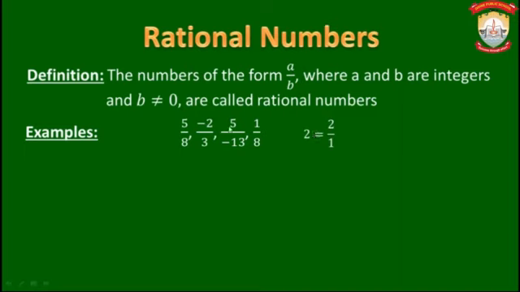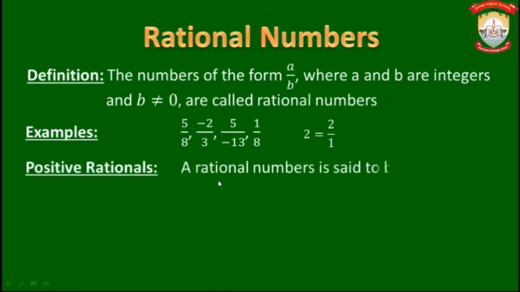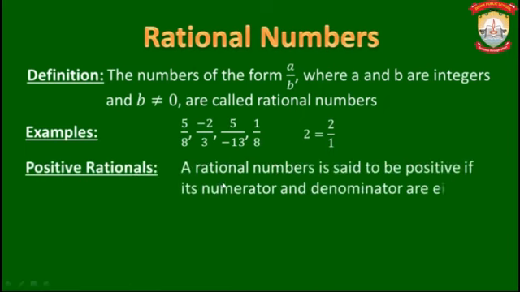Now based on sign, rational numbers are also of two types: positive rational numbers and negative rational numbers. A rational number is said to be positive if its numerator and denominator are either both positive or both negative.